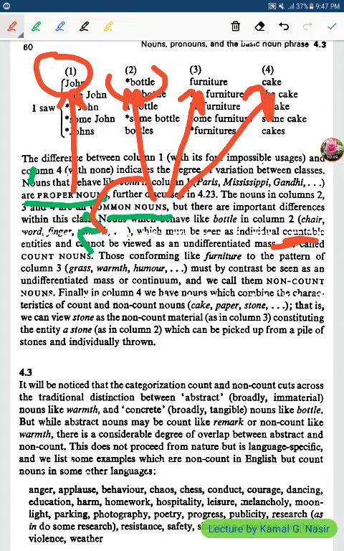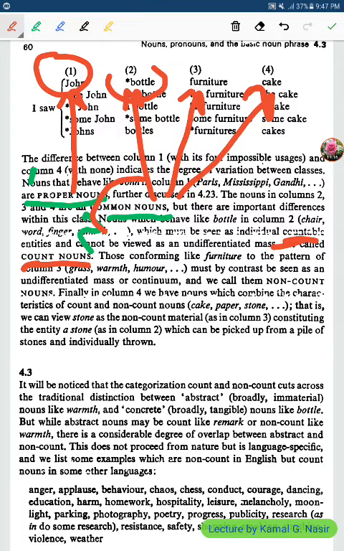And the other type of common nouns is what? For example, furniture. Furniture can be counted or no? No, it cannot be counted. So it is non-count. Non-count nouns. The third one can be both counted or non-counted.